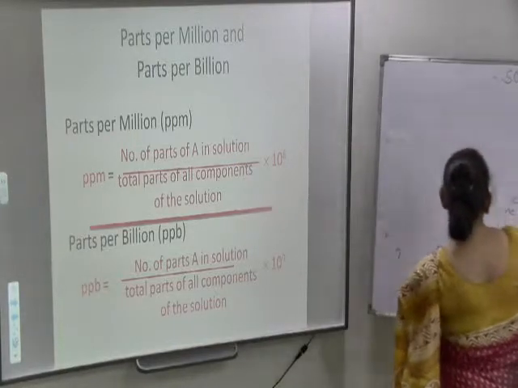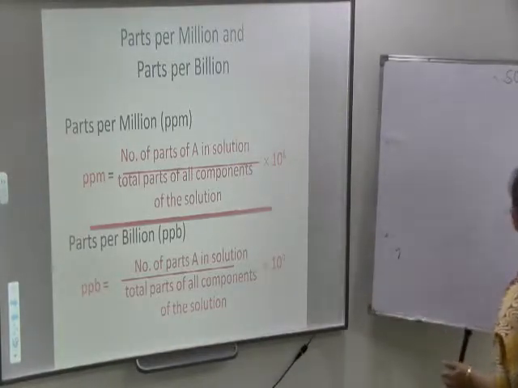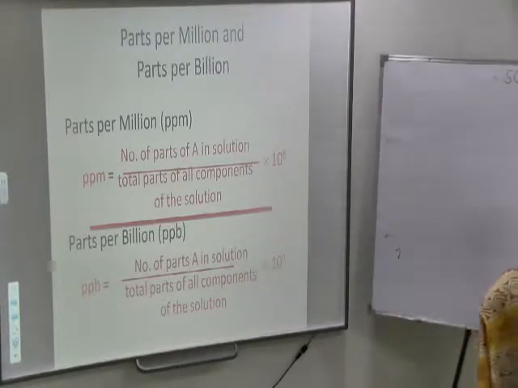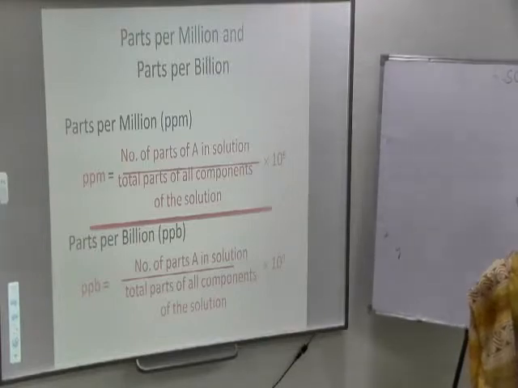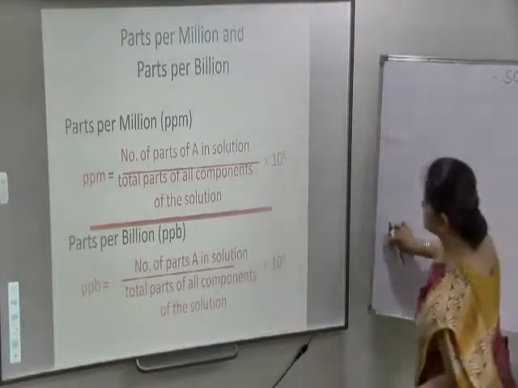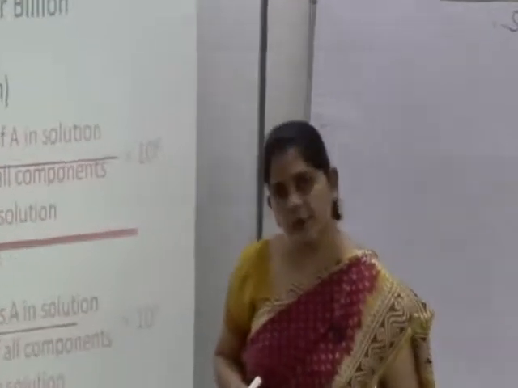These two concentrations, parts per million and parts per billion, are used normally for those solutions where the solute's concentration is very low.